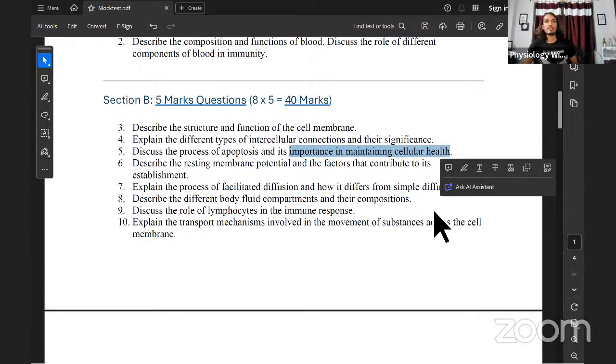So, for example, if there is an intracellular parasite or virus, or some prion is there, misfolded proteins are there, to kill off the cell individually without affecting everything else in that vicinity, we can go for apoptosis. Apart from that, you can also mention a few other functions of apoptosis, for example, in the menstrual cycle.